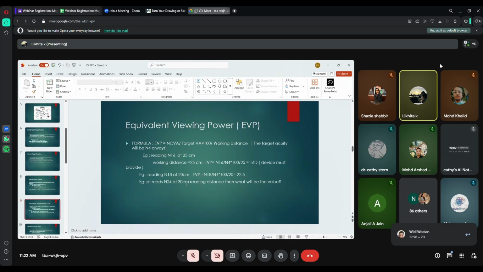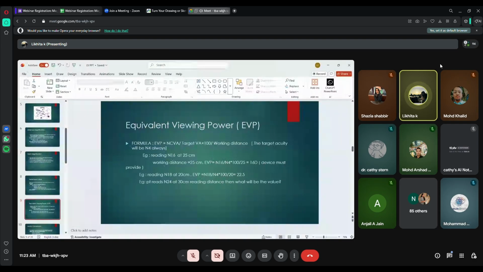Okay, fine. So did you people so far understand about distance magnification and the near magnification, how it will be calculated and how to use it on a daily basis? Okay, yeah, that's 20.